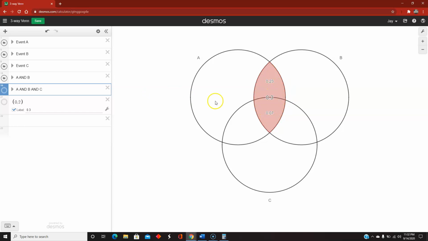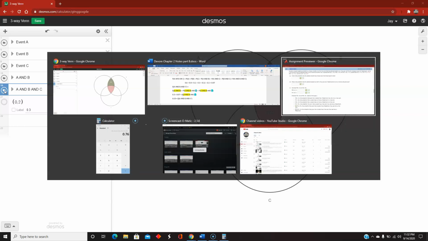That 0.3 is now split into two pieces. One piece that's 0.23 and one piece that's 0.07. And so the piece that's 0.23 is in circle A and in circle B, but not in circle C. So that piece right there is A and B and not C. And so that's the 0.23 that we just calculated.